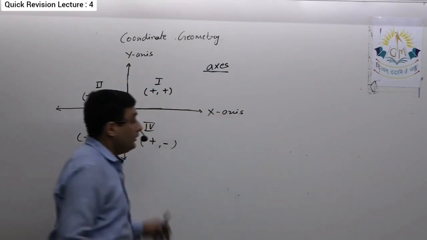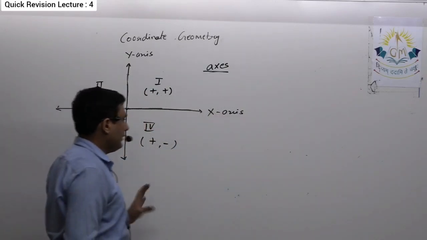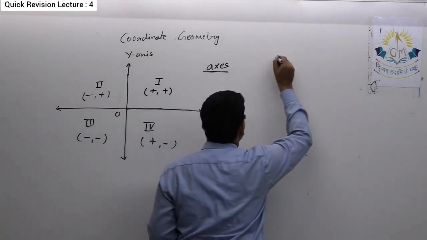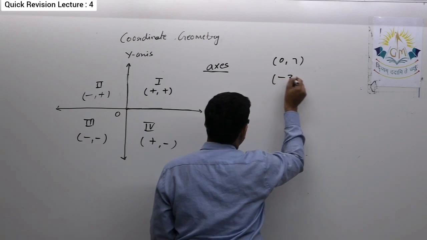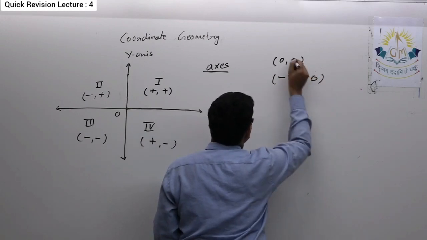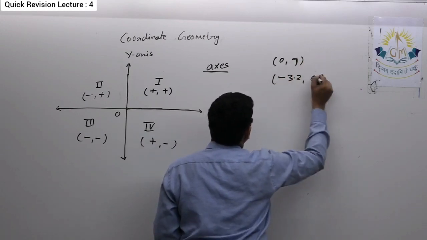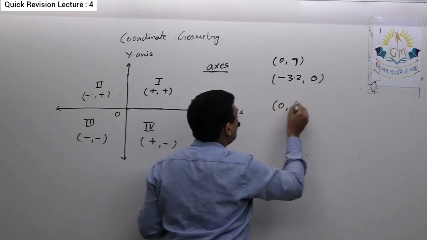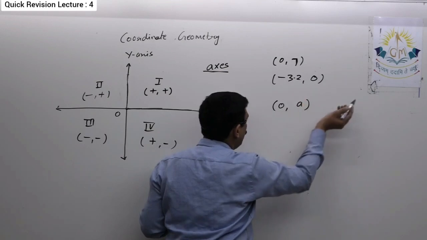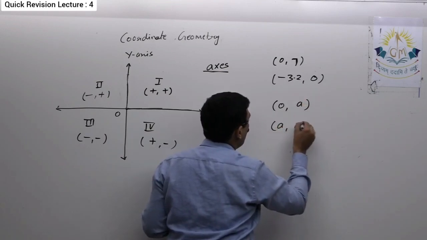Now about the axes, it is also possible. Suppose a point is given as 0, 7 or minus 3.2, 0. Basically you will get these two types of points. In short, I can say 0, a, where a is any real number, and a, 0.